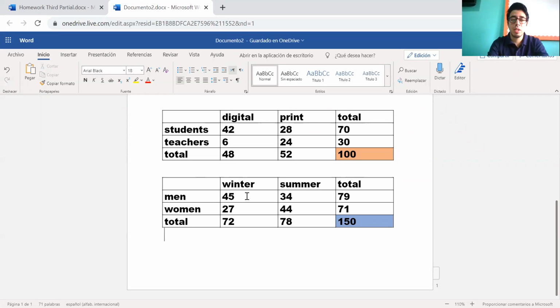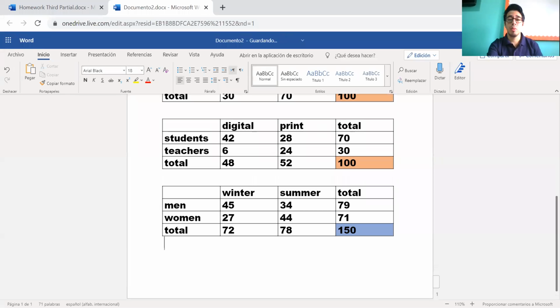From the first moment, you can see that 45 men are watching the Winter Olympic Games and only 27 women. The total of men is 79 and the total of women is 71. They are similar quantities, but there is a big difference in those watching the Winter Games.